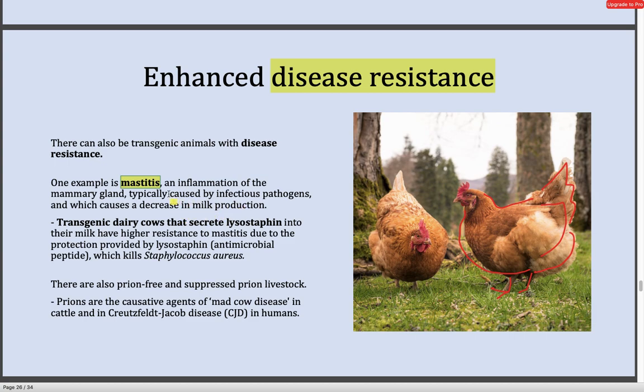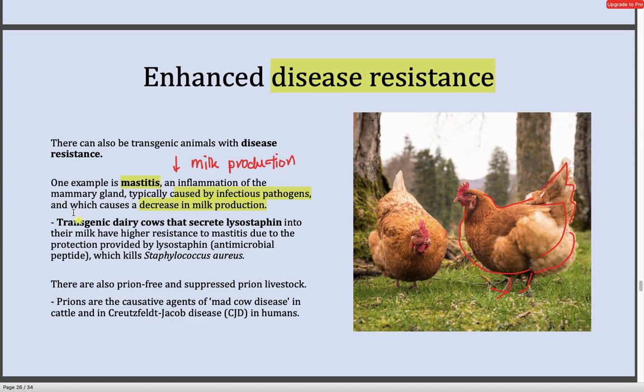So if you are able to make them disease resistant, then you are able to ensure that the quality of your meat is good. With chicken especially, it's not just the meat, but also the eggs, for example.